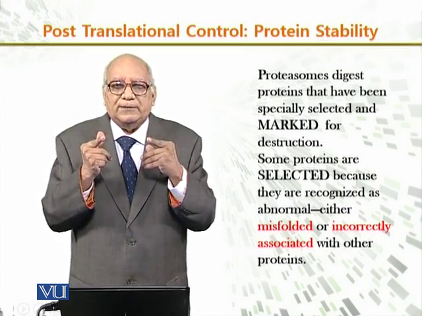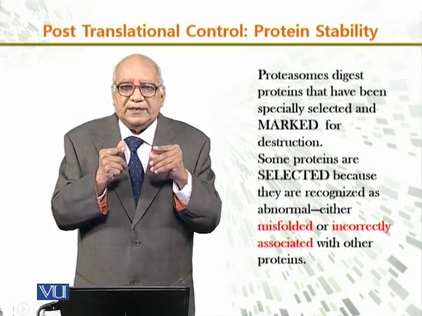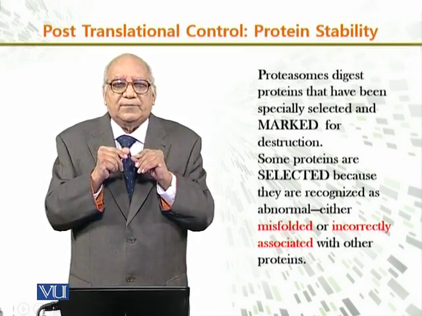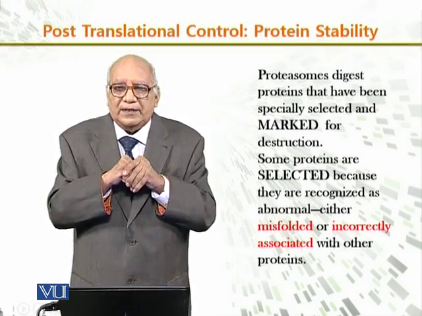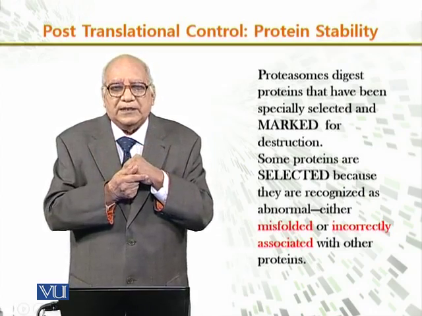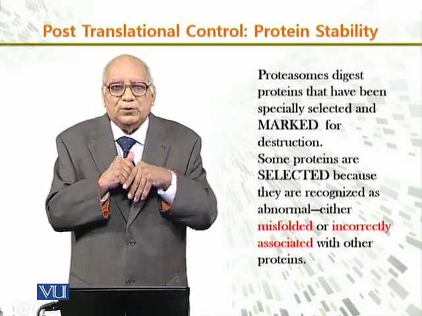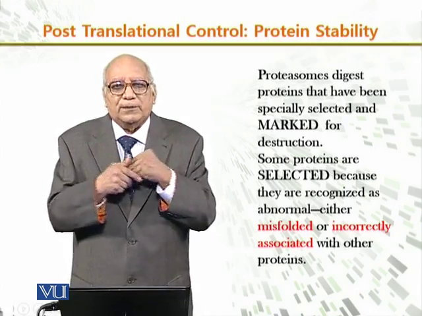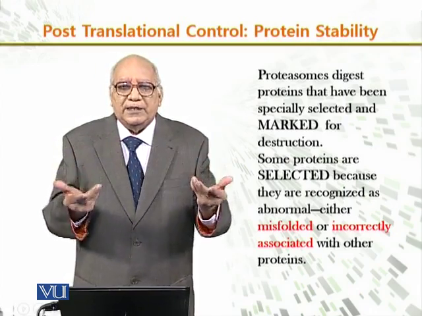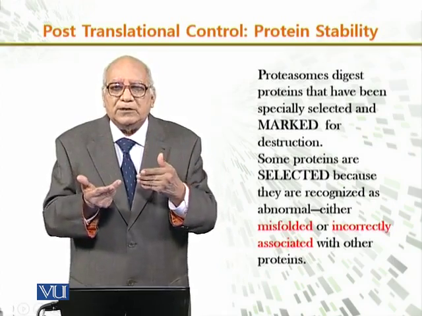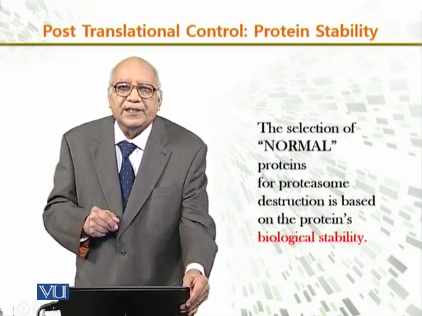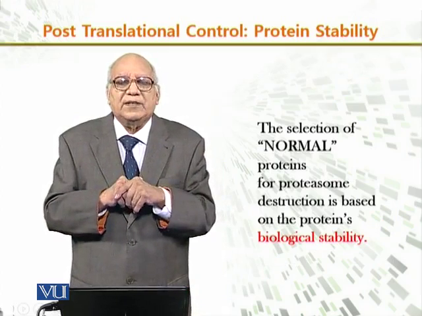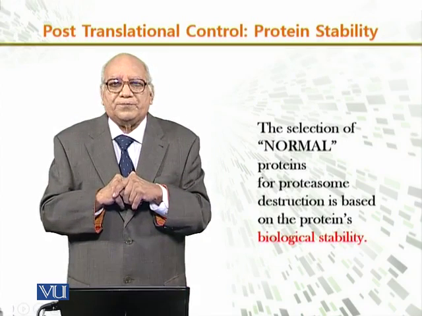Now, these selected proteins are recognized as abnormal, either misfolded or incorrectly associated with other proteins. So those abnormal proteins, which are misfolded, which are not useful, the cell selects very wisely and sends them to the proteasome.